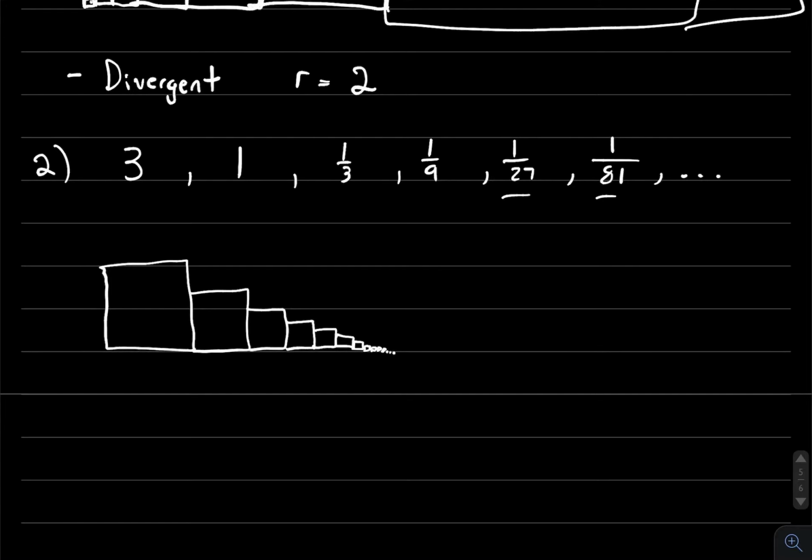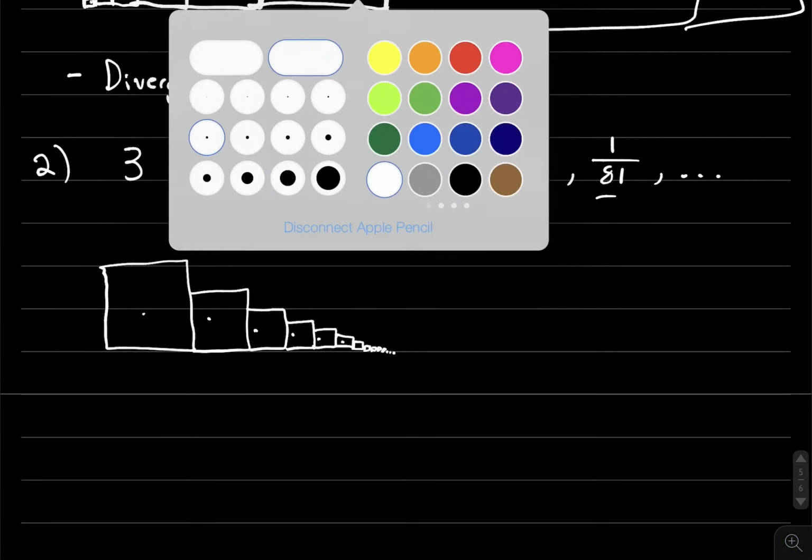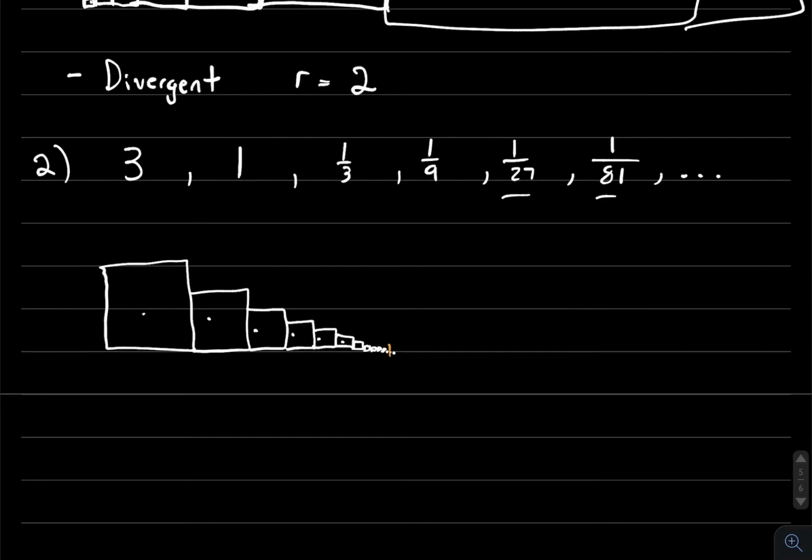The terms in this series are getting smaller. So we would expect that if we were to add up all of these terms, we could approximate what all of them will be equal to if we just add an infinite number of them. Because at some point here, all of the other tiny blocks can basically be ignored because their size is close to 0.